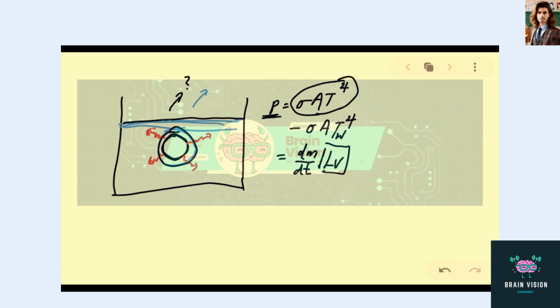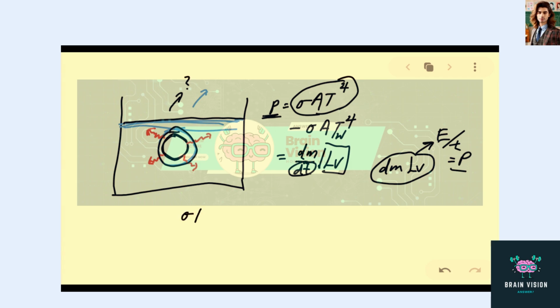If we multiply the change in mass times the latent heat of vaporization, this will give us the total energy absorbed, and over time will give us power. So actually we can equate these two together.